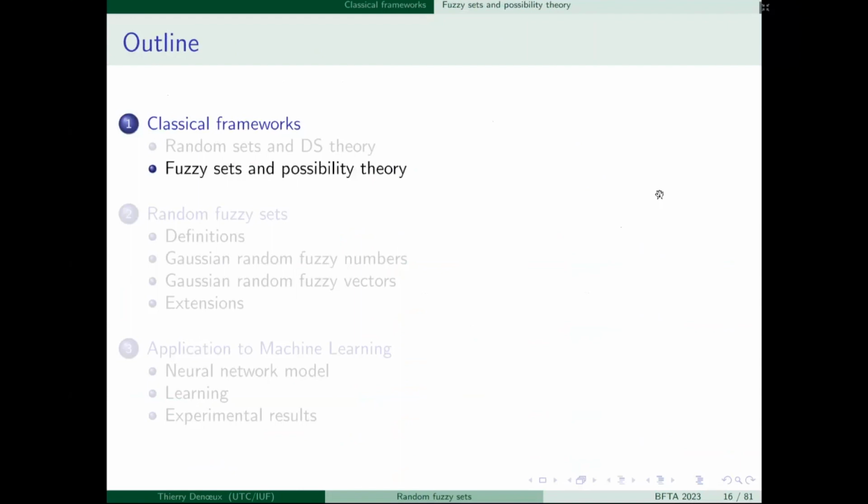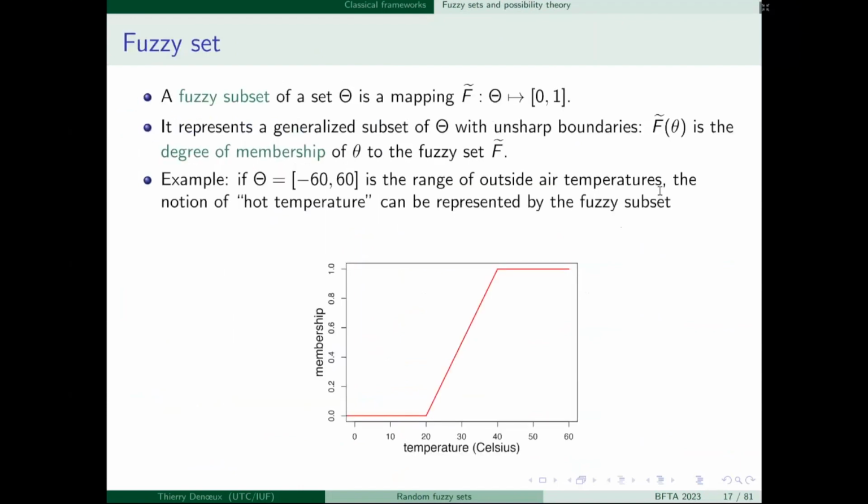I will just remind a few definitions. A fuzzy subset of a set theta is basically a mapping from theta to the interval 0, 1. You assign to each element of theta a number between 0 and 1, interpreted as the degree of membership of that element to the fuzzy set.